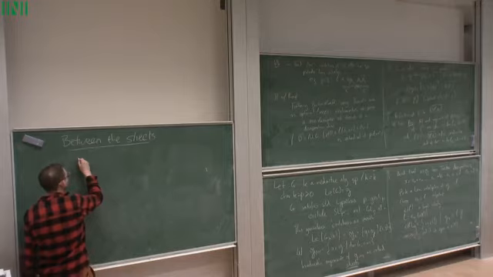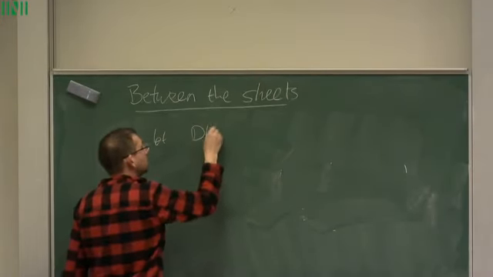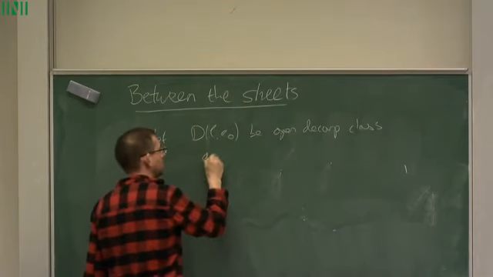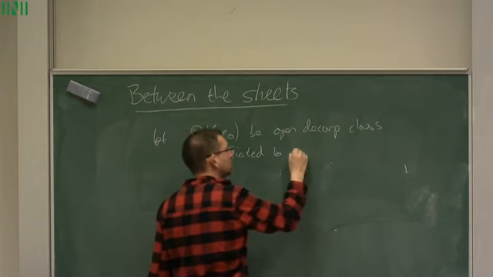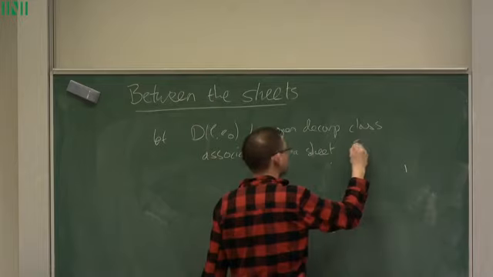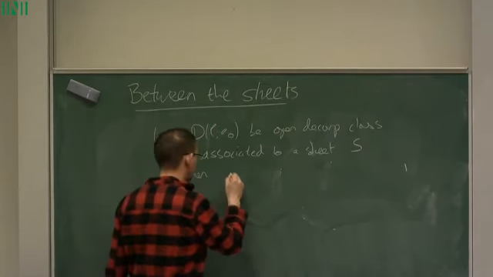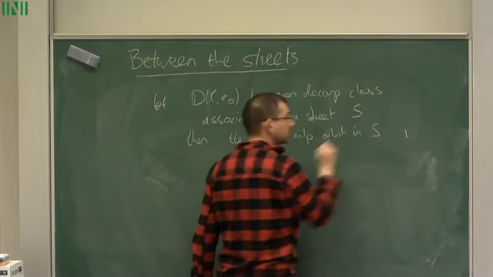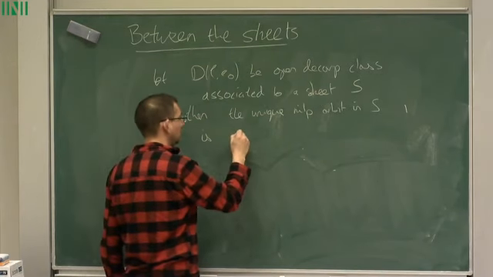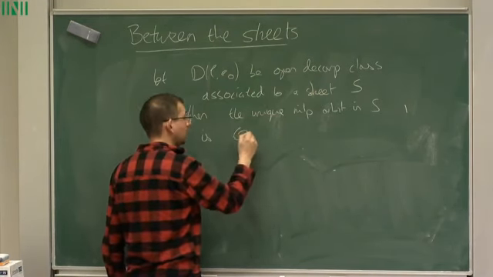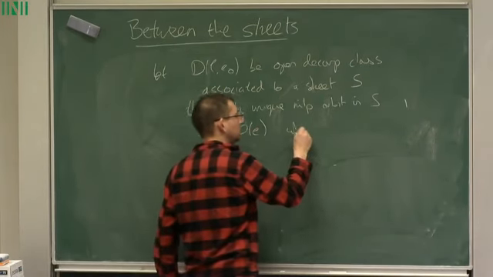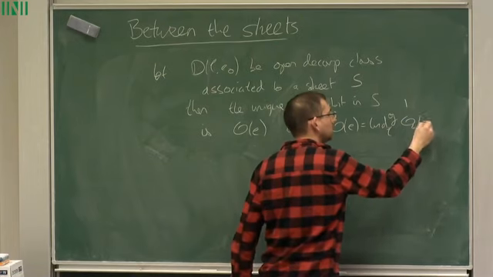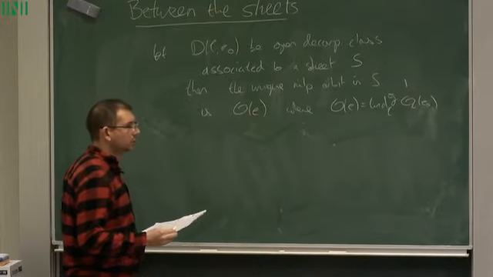So if we let D(L,E0) be the open decomposition class associated to a sheet S, then it turns out the unique nilpotent orbit in S is precisely this induced thing, O_E, where O_E is the induction from L to G of the orbit O_L of E0, which is kind of pleasant.